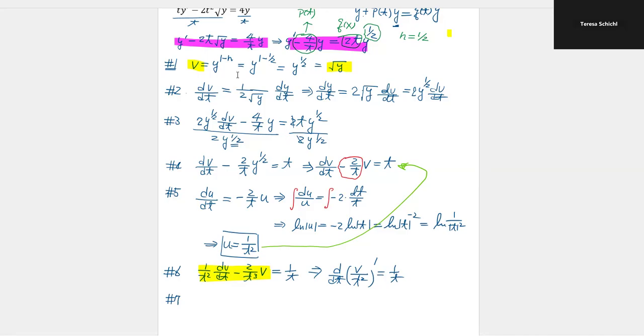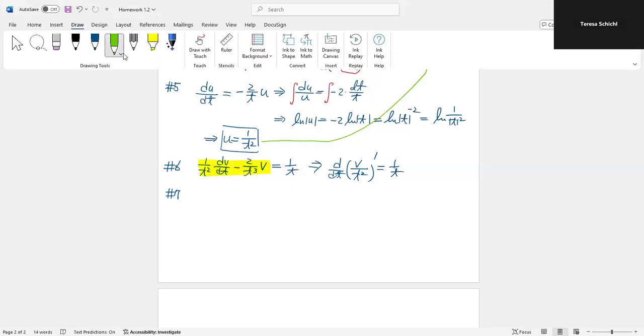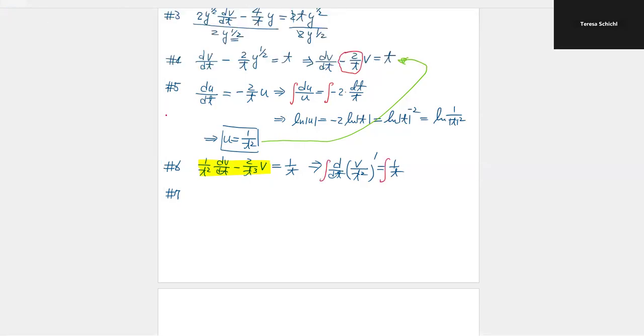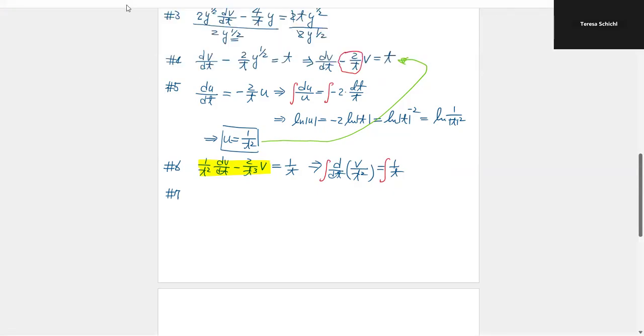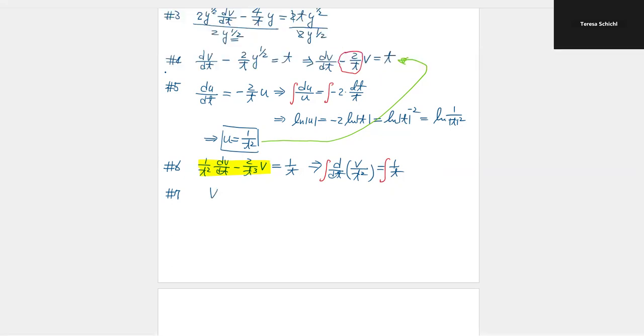So when you integrate both sides, just like we did before, the left-hand side is the derivative of v over t squared, so integrating just becomes v over t squared.